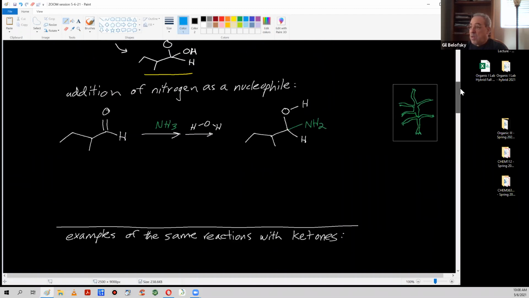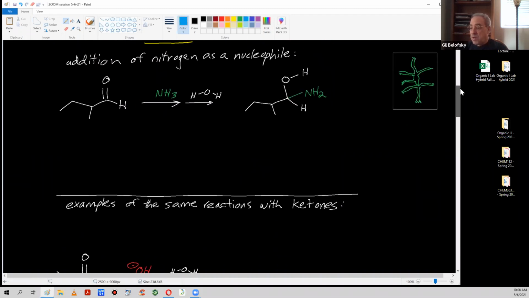Okay, so you can also do, and again, you're going to see that in this reaction, starting with the same starting material, it's going to be with nitrogen as a nucleophile, but otherwise it's going to be exactly the same thing again.